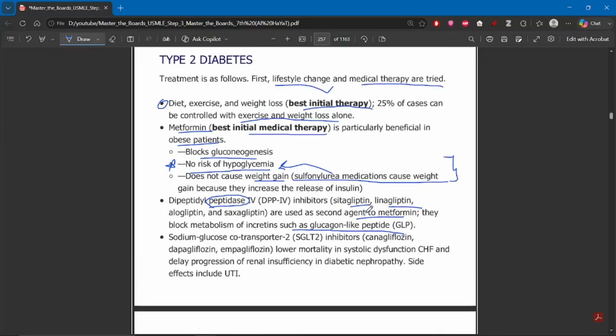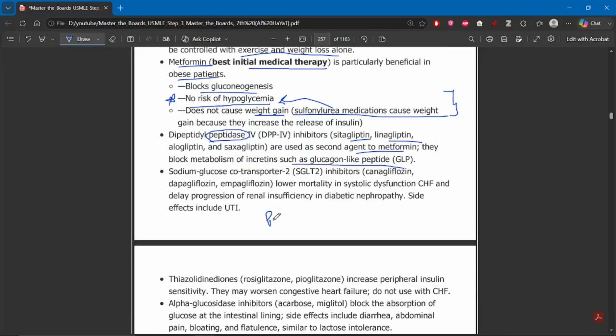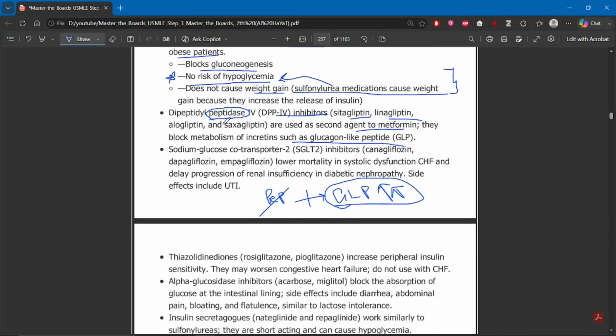So if you inhibit this enzyme, the GLP will increase, and GLP is better for the disposal of glucose. That's the mechanism of action of DPP-4 inhibitors. And similarly, you can just directly give GLP agonists as well, which is another form of medication, but we'll get to that in a bit.